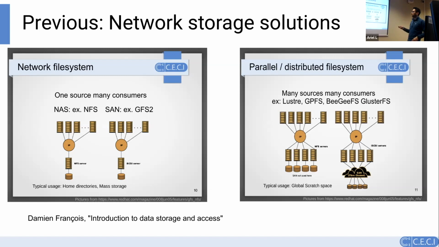And then all the clients, so in the HPC cluster case, the login node and all the compute nodes, are accessing this storage server via a single network uplink. I can have more than one link for redundancy, but in practice, I can see it as a single network uplink.